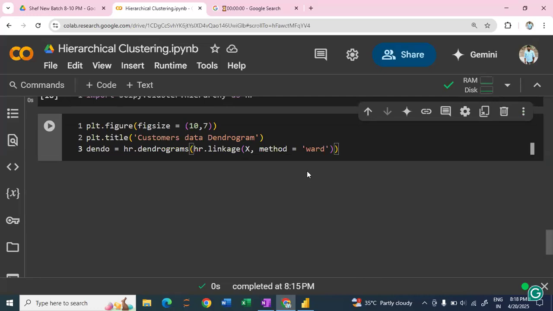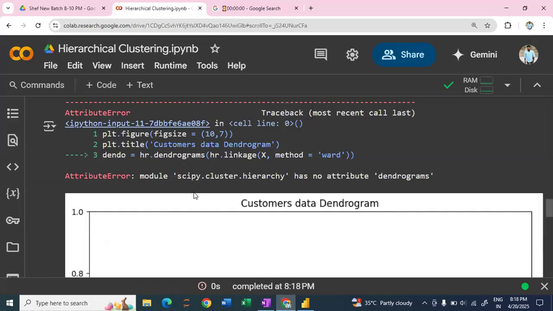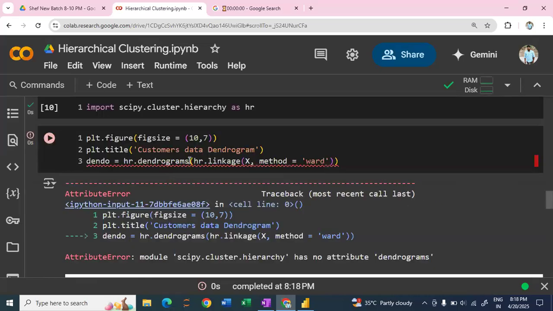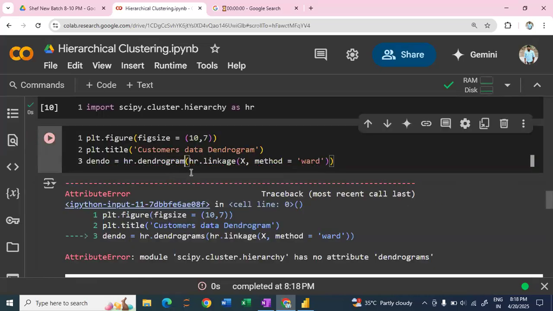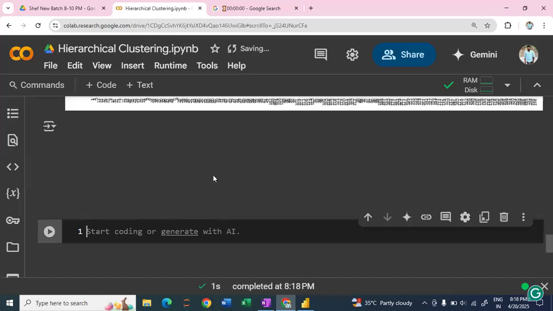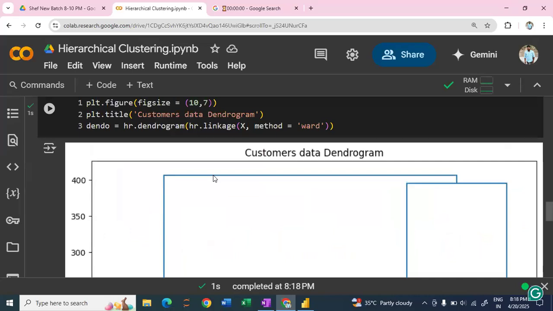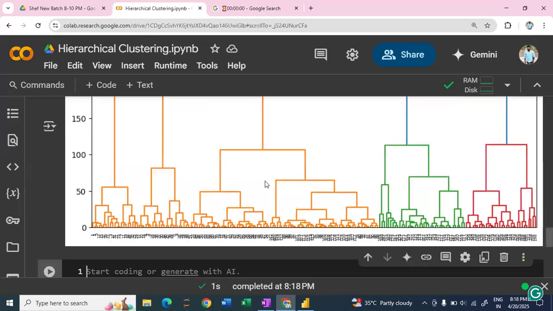Now simply just run this. What happened? Hierarchy has no attributes. Dendrograms. Okay, it's dendrograms. See, the dendrogram has been created.